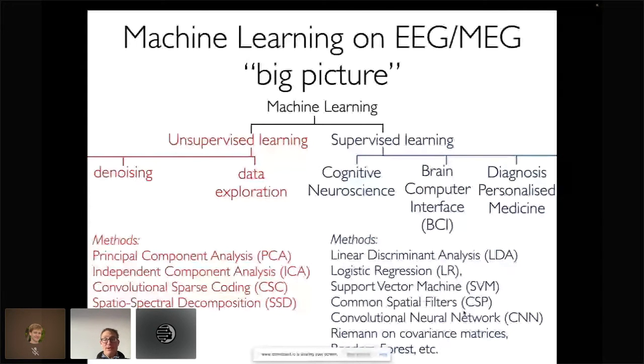Because you have signals, convolutional neural networks are also very commonly used. We'll also mention a bit later Riemannian methods, working with covariance matrices on EEG and MEG. And if you extract handcrafted features from your data, you can use any robust classifier like a random forest to predict some types of clinical outcome given your EEG and MEG.